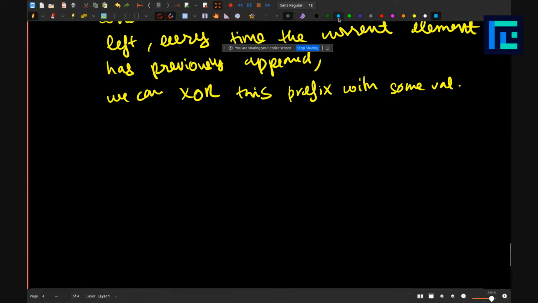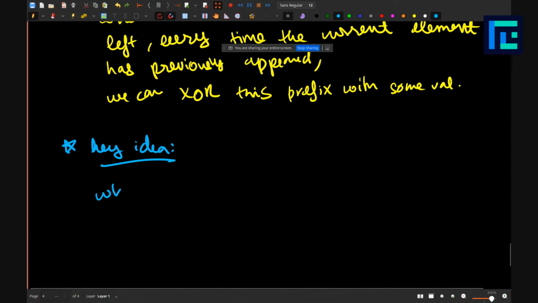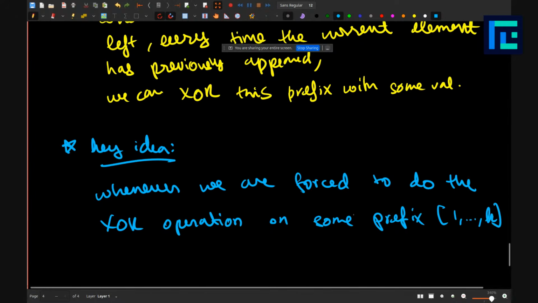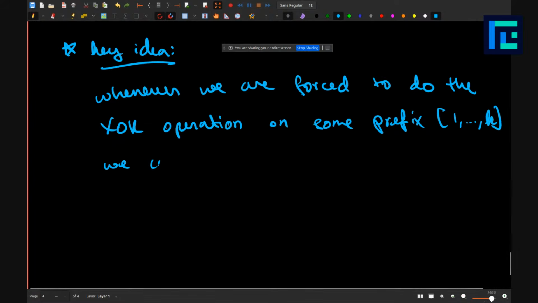So our key idea is, whenever we are forced to do the XOR operation on some prefix, we can choose a very large z.